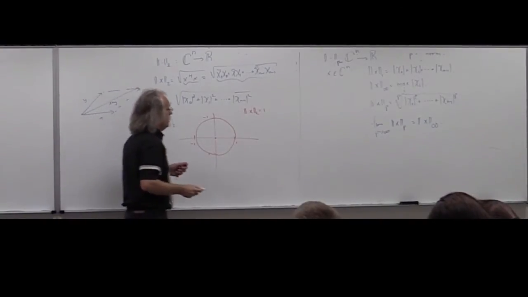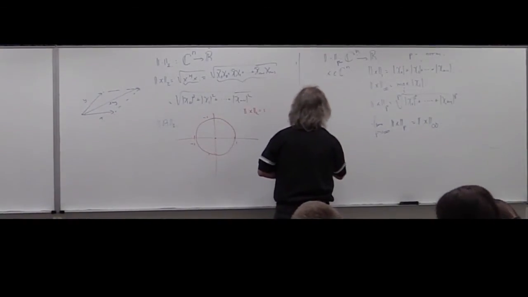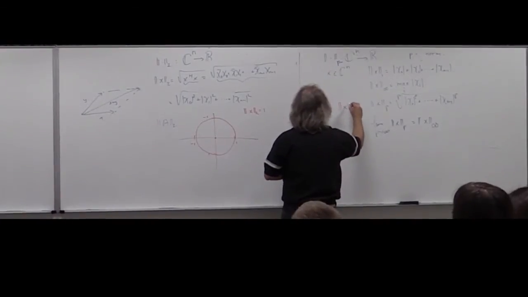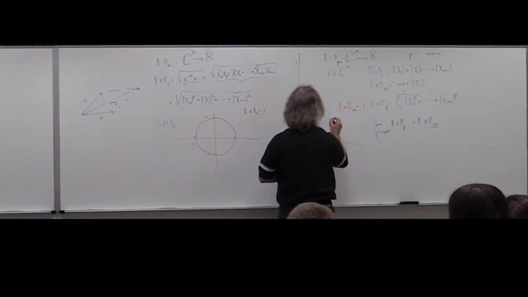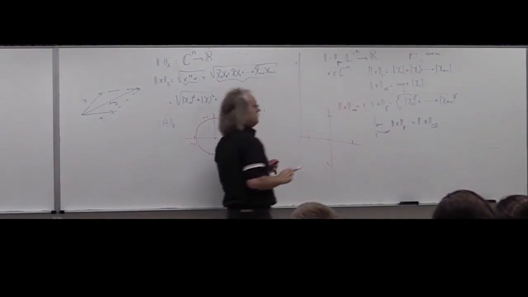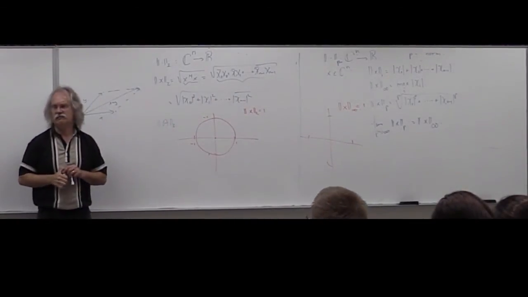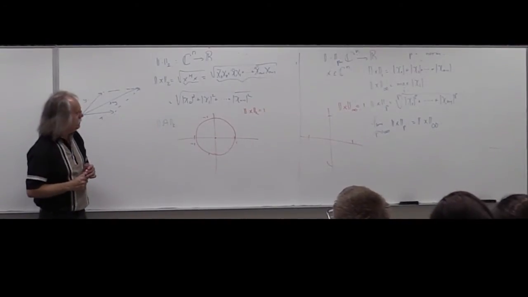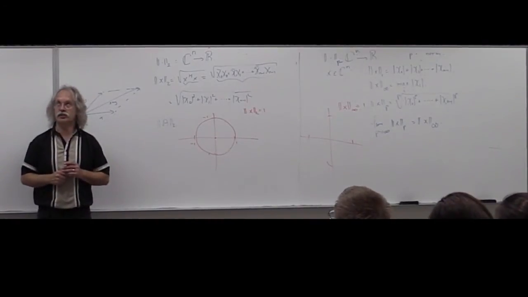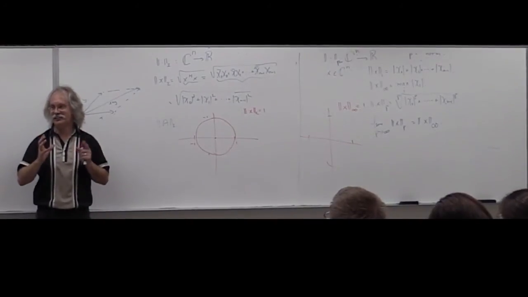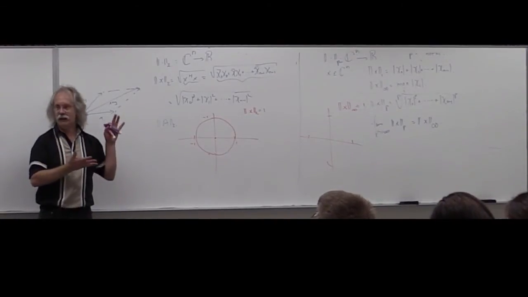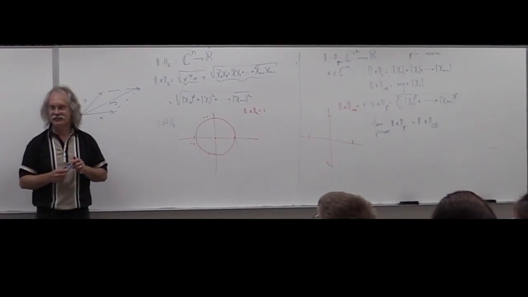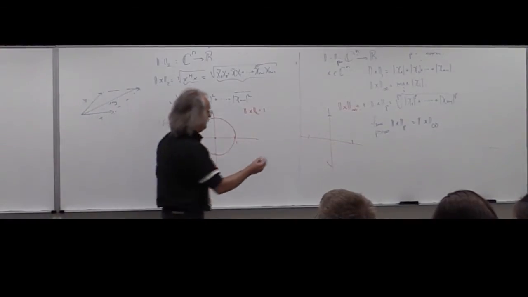Okay? What if instead we ask the question, the infinity norm is equal to 1? What does that look like? Is it a diamond or a square? It's a square, right?